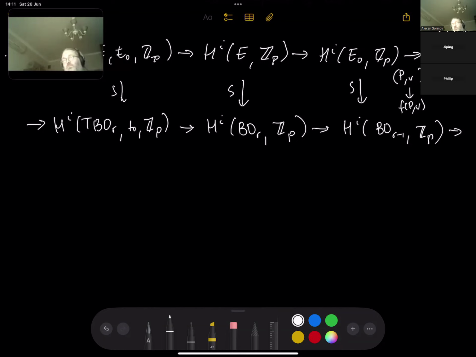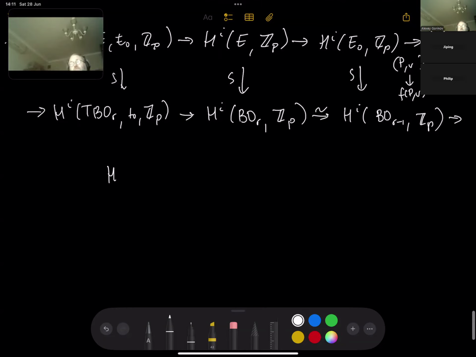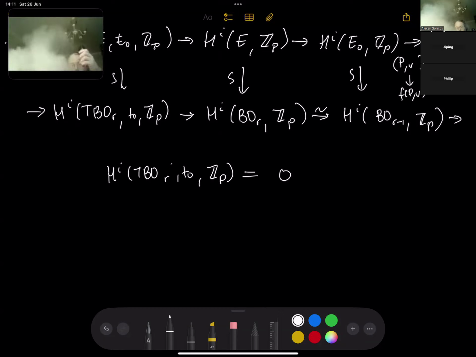And it's known that for R very large with respect to i, these are the same. So then the cohomology of TBOR modulo a point in Z/p is 0 by exactness.